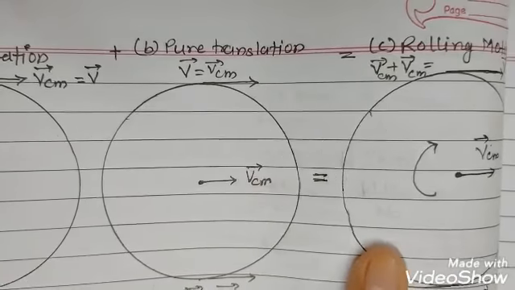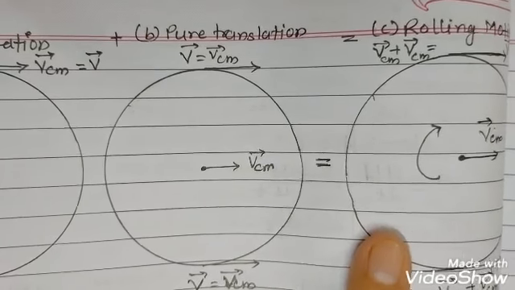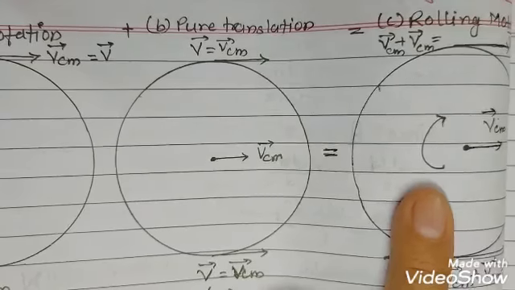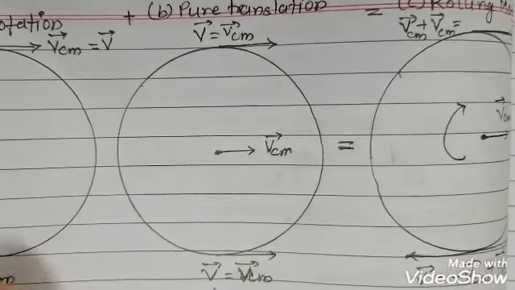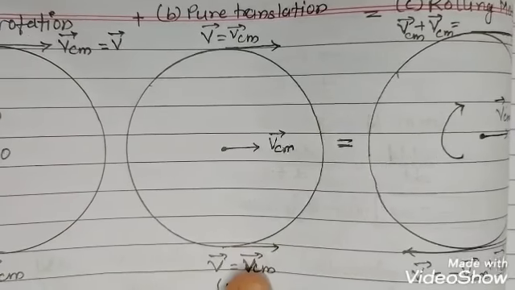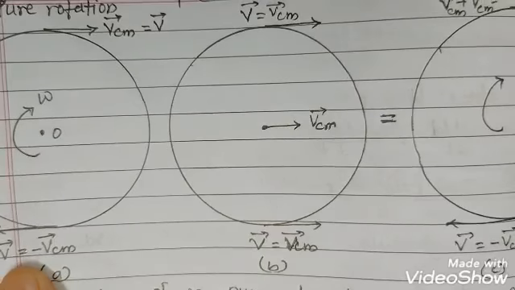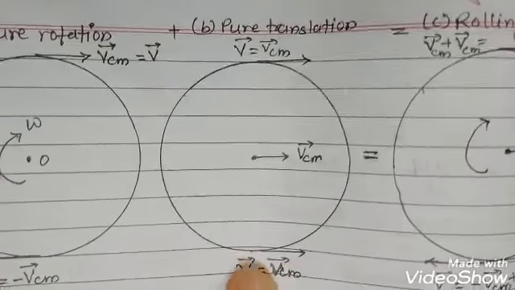Figure C is the combination of A and B, and this represents the actual rolling motion of the wheel. Clearly the portion of the wheel at the bottom would be stationary, because it is the sum of these two. At the bottom, the velocity in one figure is minus VCM, to the left, and in the other it is to the right.